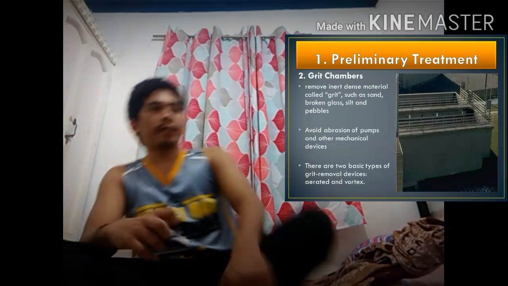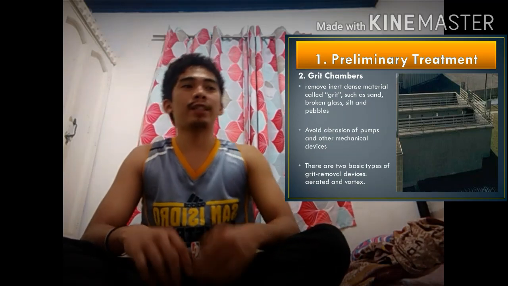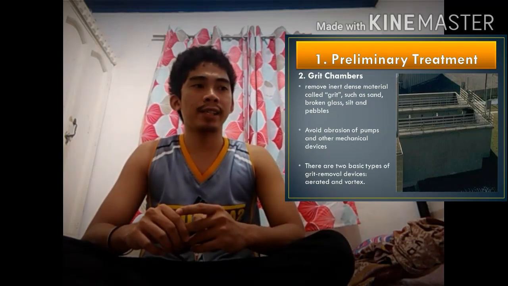The second part is the grit chambers. They remove inert dense material called grit, such as sand, broken glass, silt, and pebbles. This avoids abrasion of pumps and other mechanical devices. There are two basic types of grit chambers: aerated or vortex.